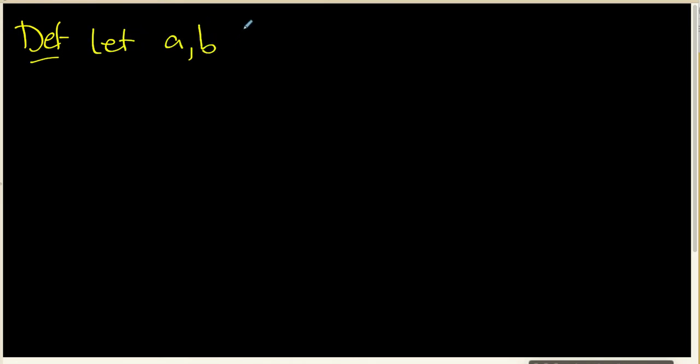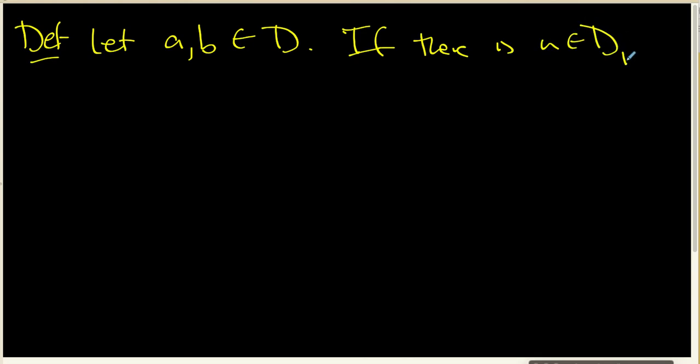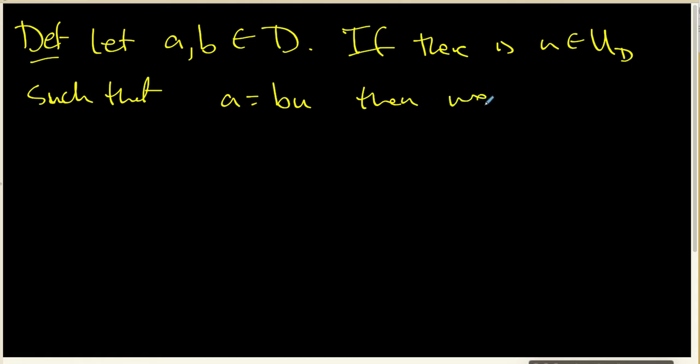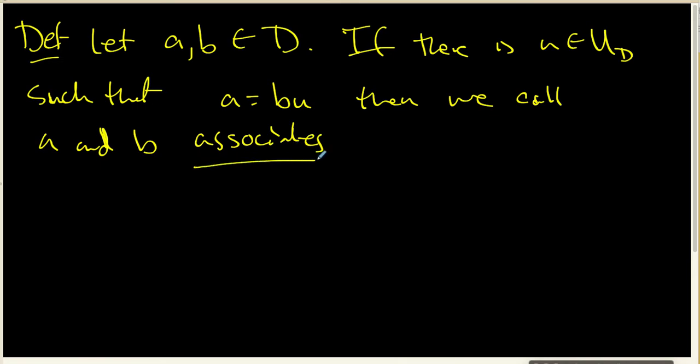We're going to let A and B be any elements of our domain D, and if there is a unit inside the domain such that A is equal to B times that unit, then we call A and B associates inside the domain D.